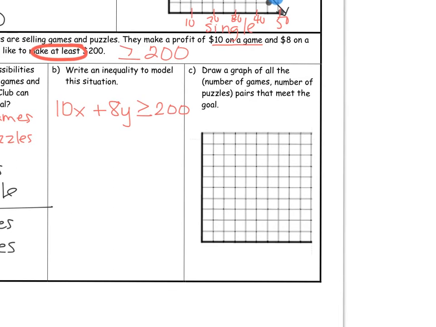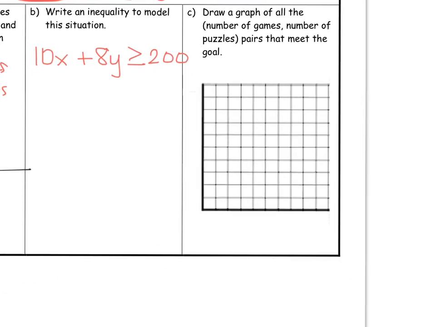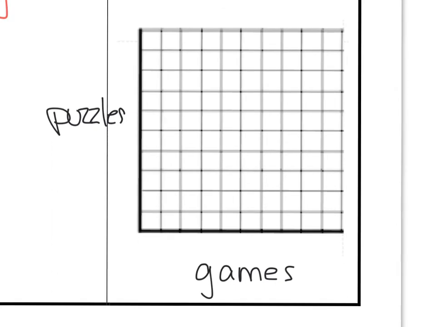We want to draw a graph of all the number of games and number of puzzle pairs that meet this goal. So I need to label my axes. We said that x was the number of games, and we said that y was the number of puzzles. Now I need to put the scale on my x and y axis, and I'm going to skip count by 5s.